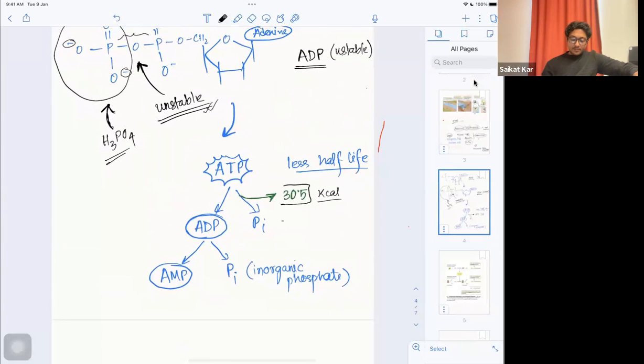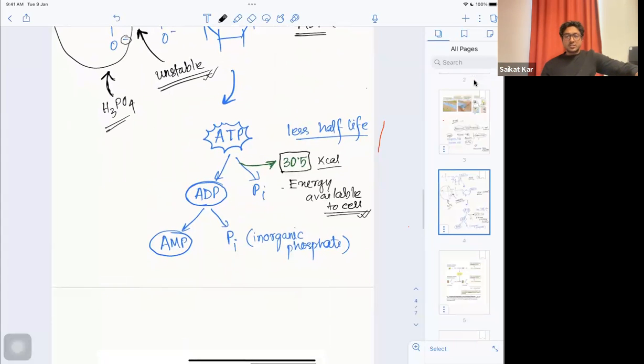So this amount of energy is available to the cell for some other reactions, or for some mechanical work to do.